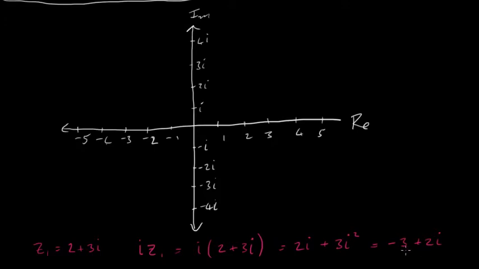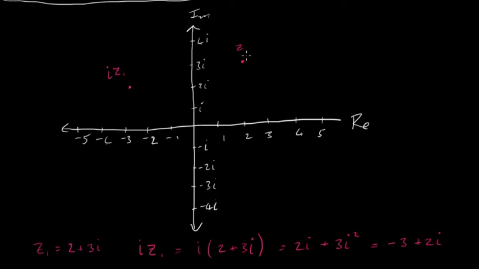So if I plot that, let's see, I started with 2 plus 3i, so that's my Z1 there. Now I've multiplied that by i, and I've ended up with minus 3 plus 2i. So this is i times Z1. So what's that actually done to my complex number?